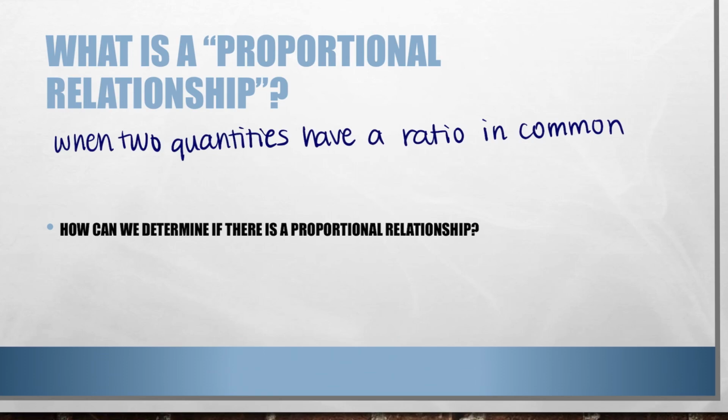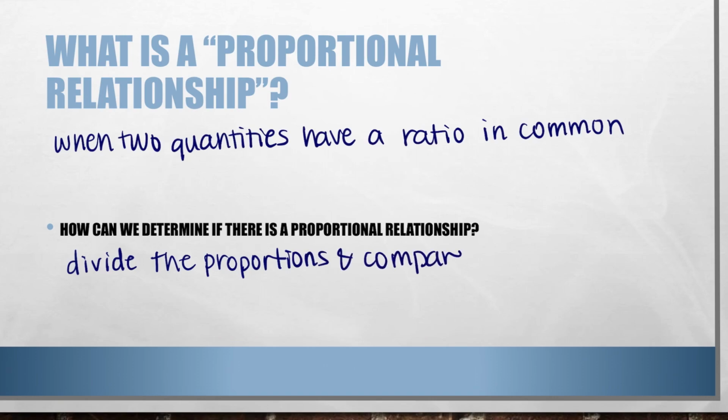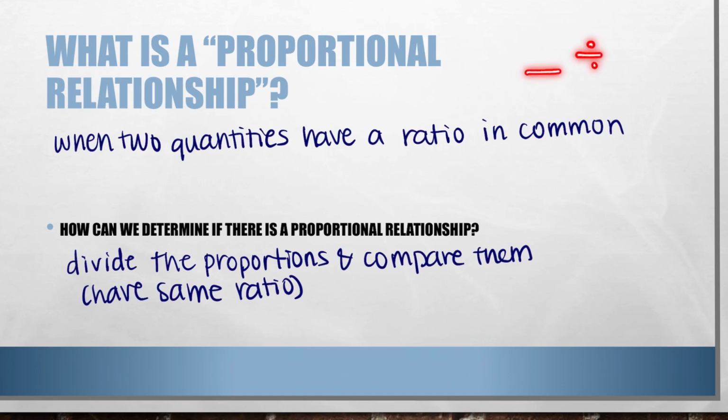So to determine if there's a proportional relationship, we divide the proportions and compare them to make sure that they're the same. They need to have the same ratio. Otherwise, if they don't have the same ratio, it's not going to work. And to get that ratio, all we're really going to do is divide one thing by another.